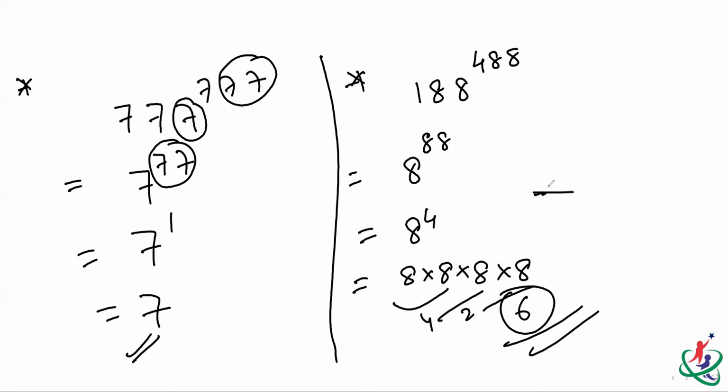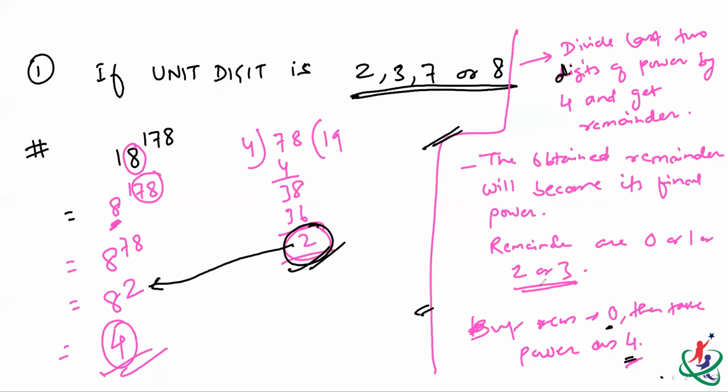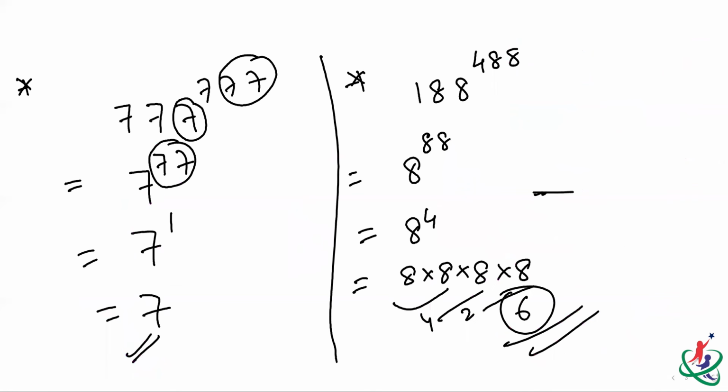Right. Now let me show you note number 2. So second part is, if unit digit is 4 or 9, what do you need?